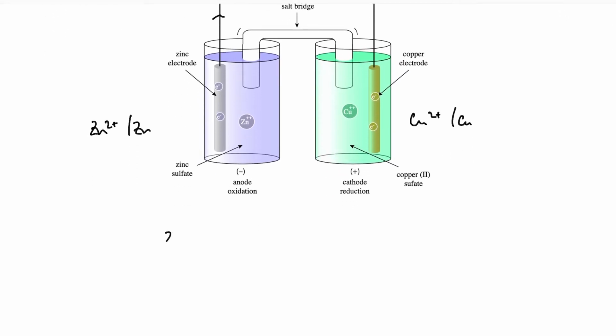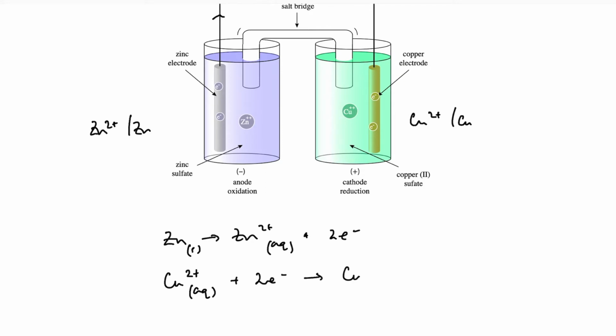So in the zinc half cell, zinc is going to be oxidized to form zinc ions plus electrons, and these are the electrons that are flowing around the wire where they are going to reduce copper ions to copper metal. So redox reaction.